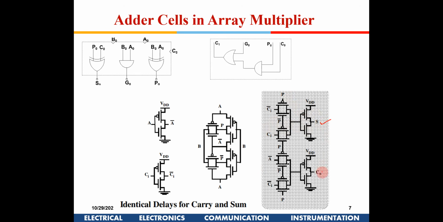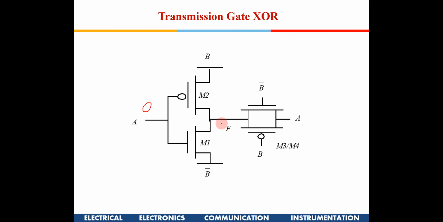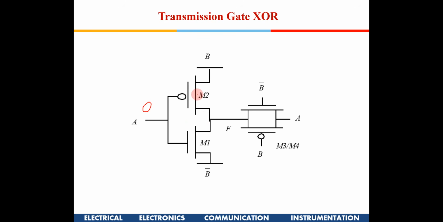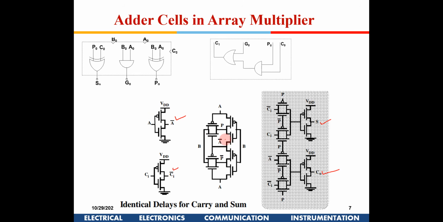So this is a full adder with transmission gate. You can make a sum and a carry here. What is done is this is A bar and this is C bar. Now this is a transmission gate, which is shown here. Only thing is it is drawn the other way around here, where the inverter is shown towards the right and the transmission gate towards the inside. If I go back, this is just a mirror image at the top, and the same is drawn here.